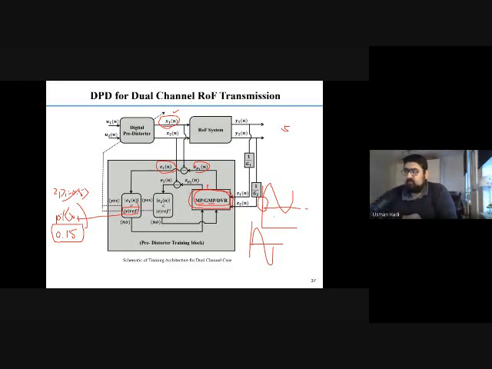A very fundamental issue is that you have to compare your trained signal with the transmitted signals X1 and X2, so that should be in line with the magnitudes that you have with respect to X1.